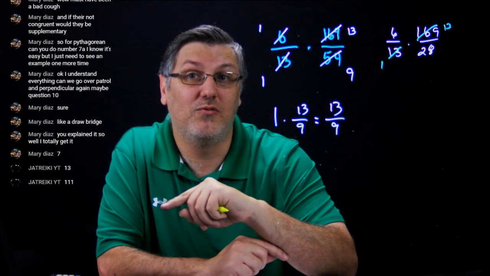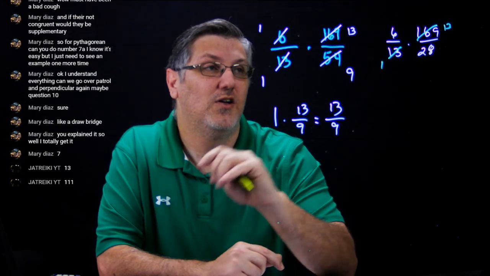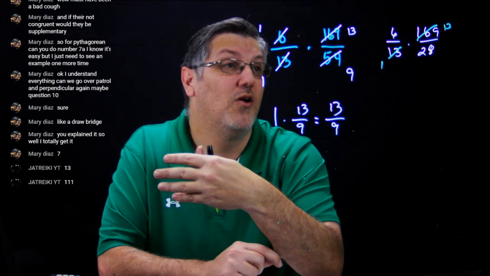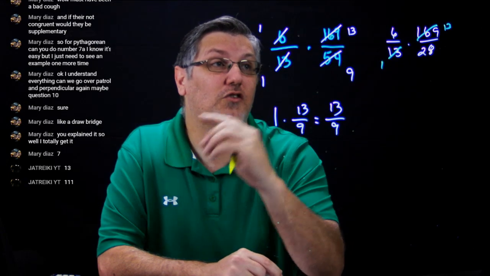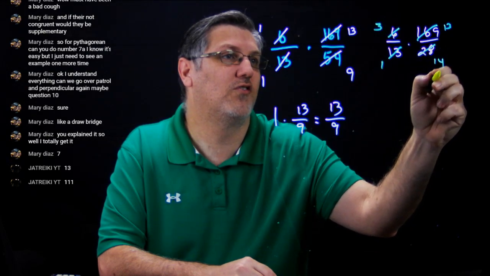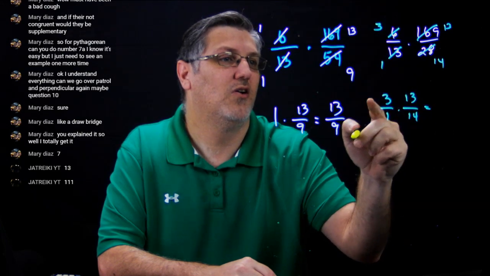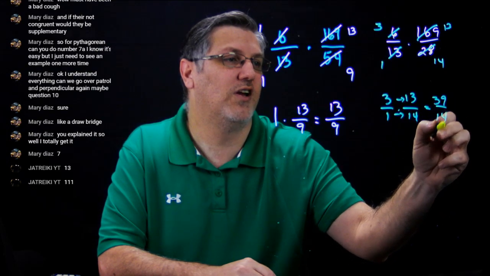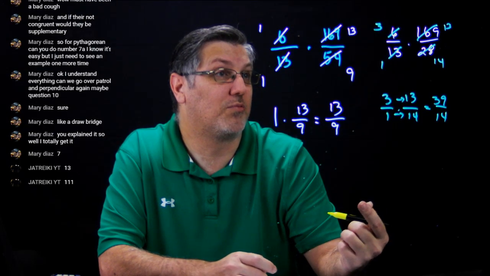But do they have something in common? Well, the two prime numbers that make 6 are 2 and 3. 28 is not divisible by 3, but it is divisible by 2. So I can divide both of these by 2. 6 divided by 2 becomes 3, and 28 divided by 2 becomes 14. This gives me 3 over 1 times 13 over 14. Then I multiply straight across. 3 times 13 is 39, and 1 times 14 is 14, and I'm done. So it doesn't have to be the whole number. It can be part of that number to actually multiply and simplify fractions.